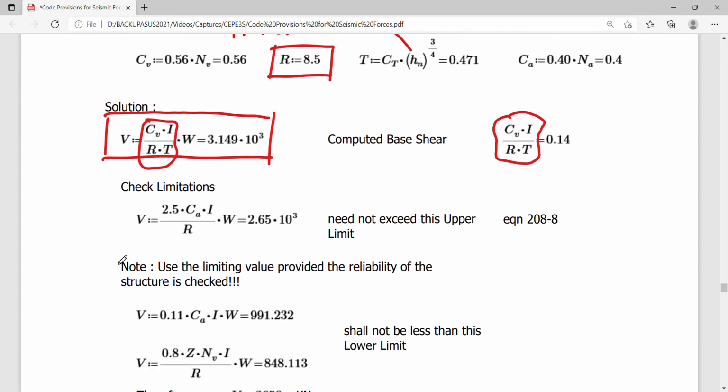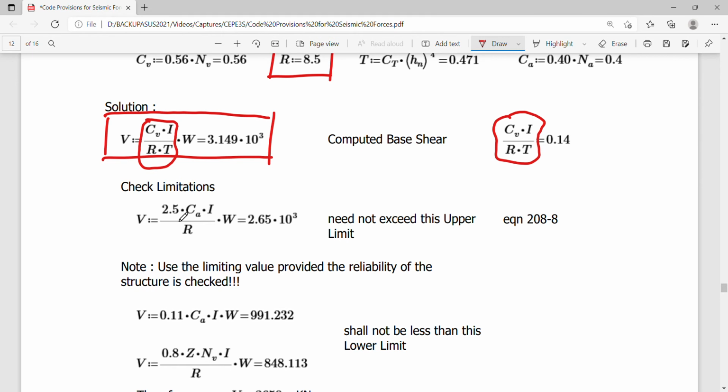Okay, but again, the code needs to check for limitations. So we are limited to this value in terms of the maximum value. So we need not exceed this limit according to the code.